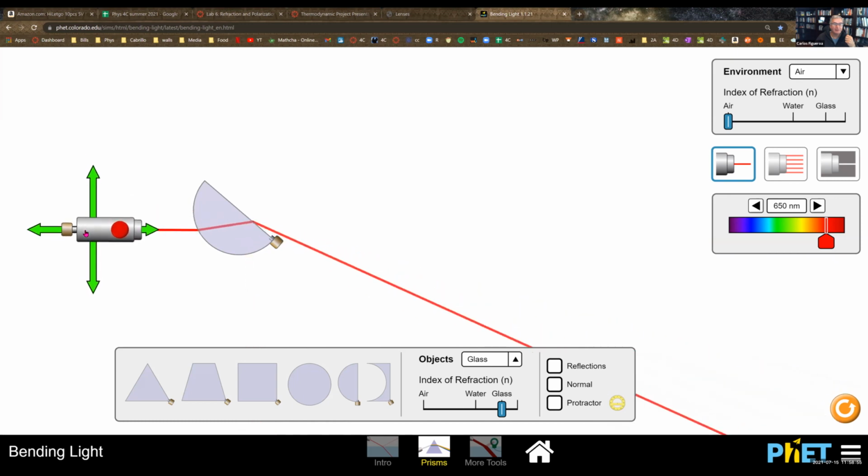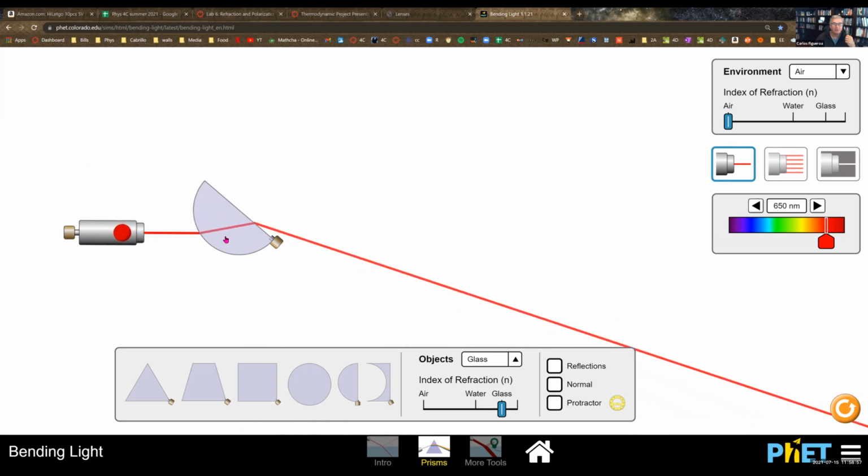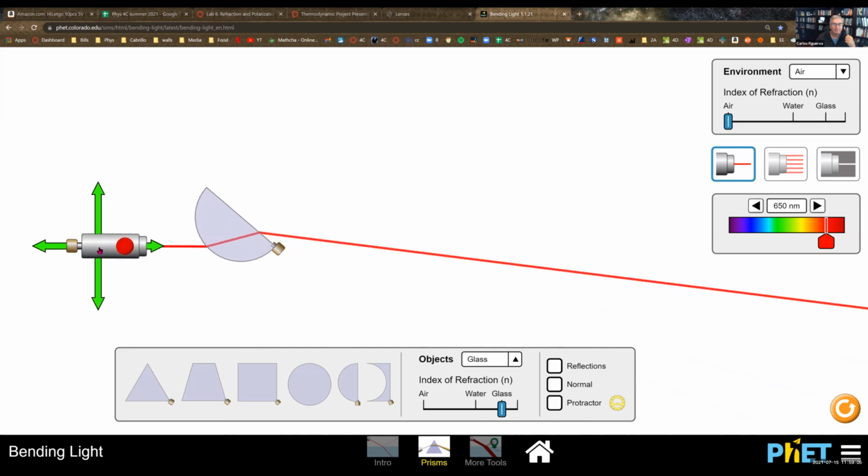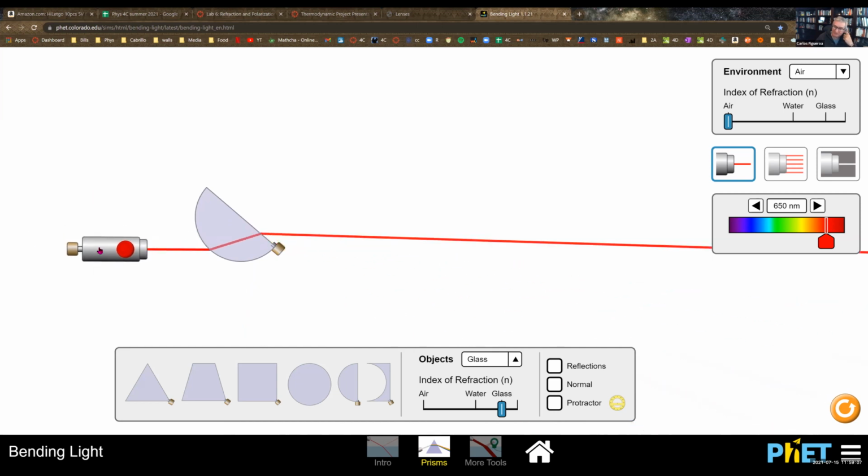There we go. That's important here. Note that I've rotated this thing. Let me get the angle a little bit better. Okay, this is really important. This time the flat part of the circle is the other way. Okay, we want that flat part.